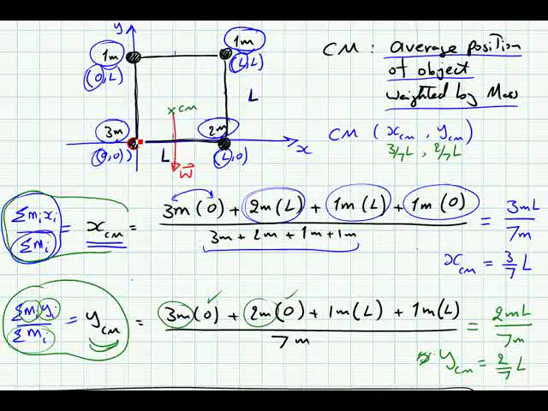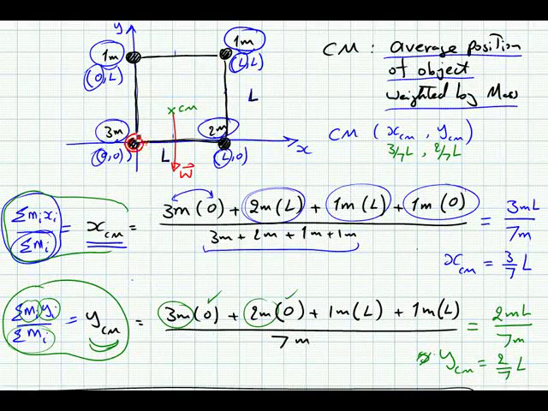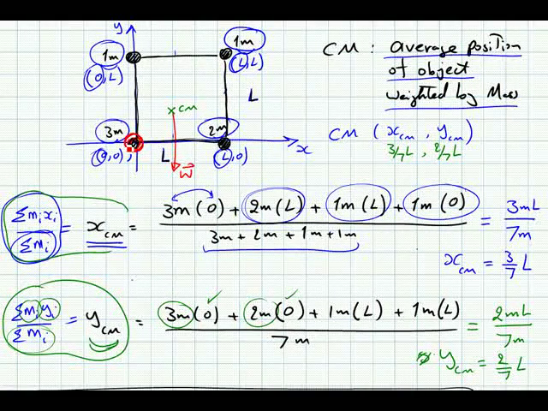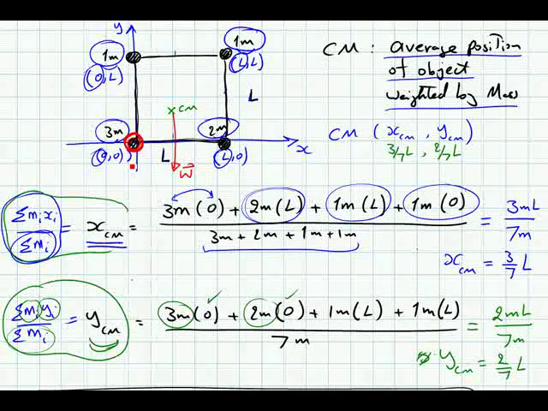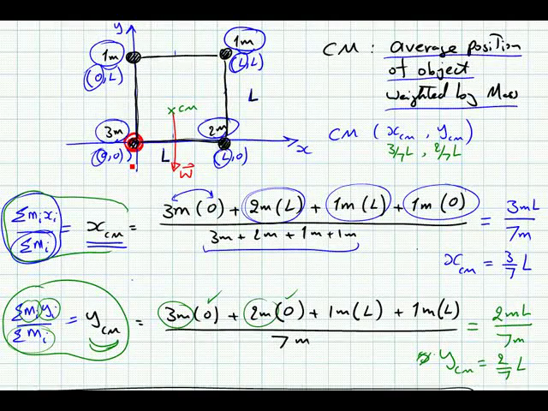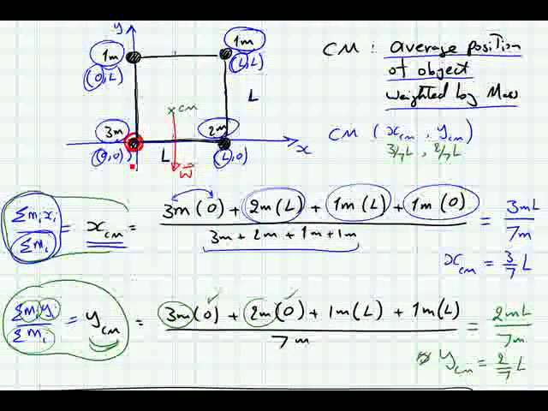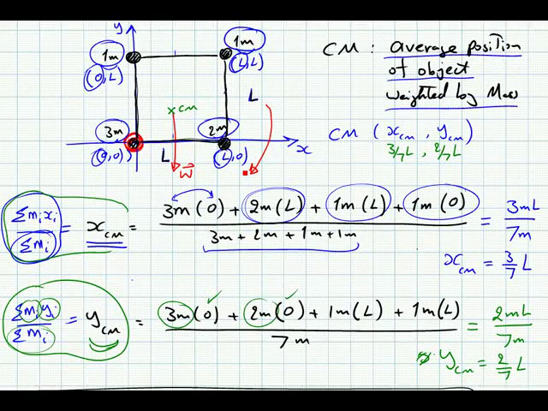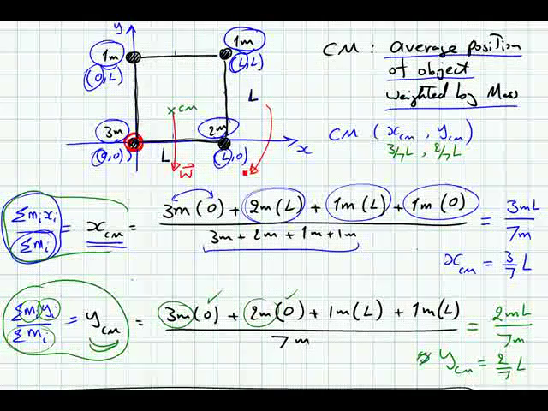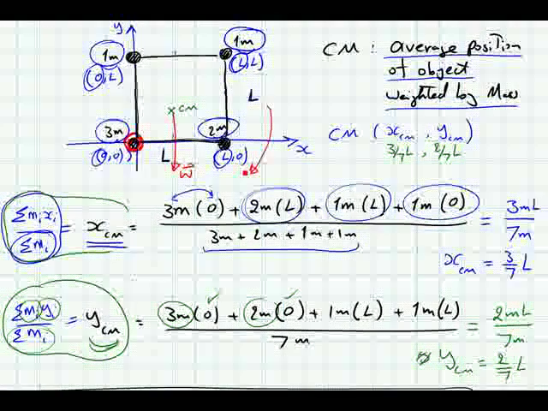So if we were to pivot this object at this red point here that I'm drawing, where the mass 3m is, you would expect this extended body to rotate clockwise due to the force of gravity, of course.